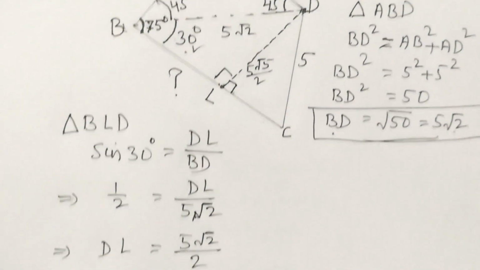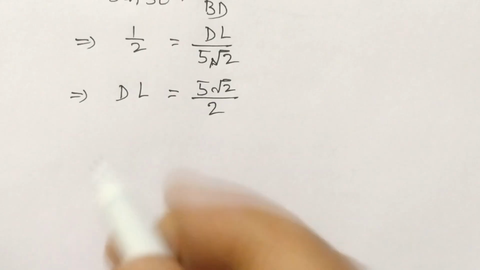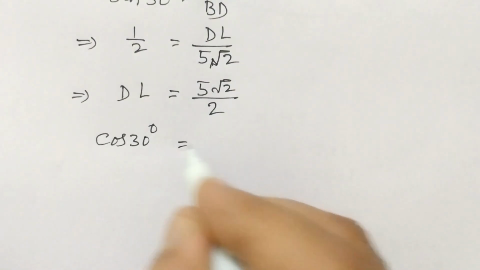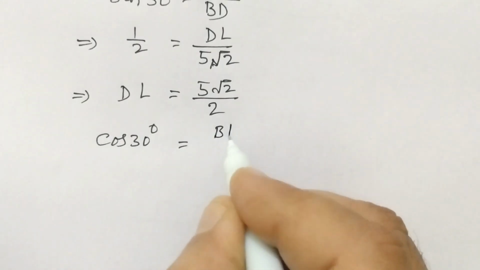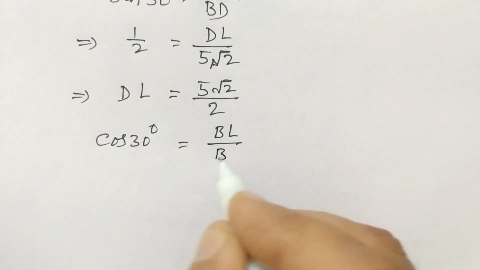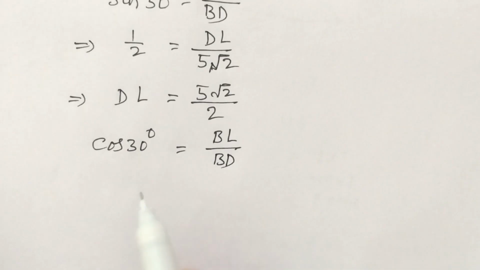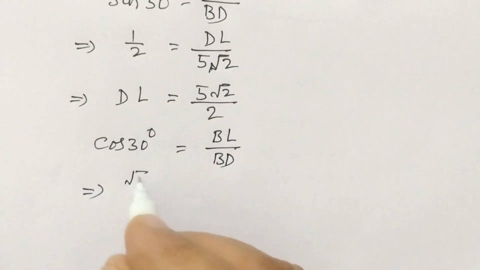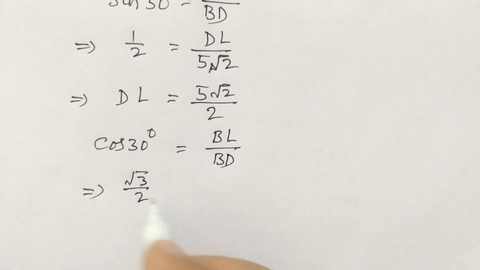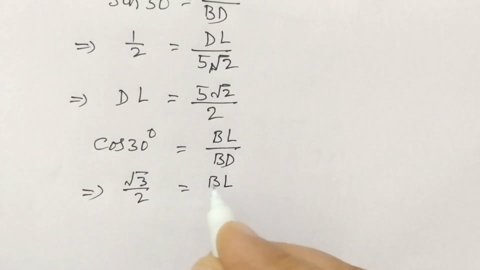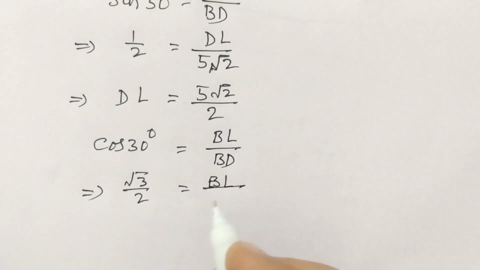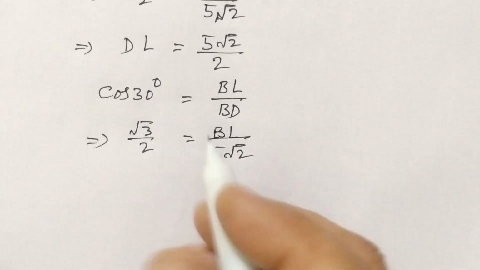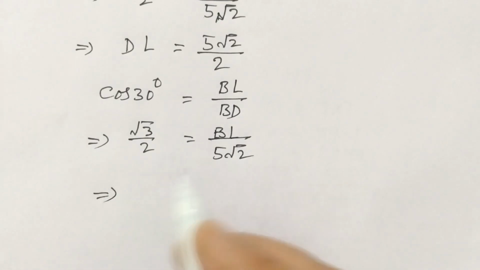Now cos 30, this will be BL over BD. So cos 30, which is square root of 3 over 2, is equal to BL over 5 square root of 2.